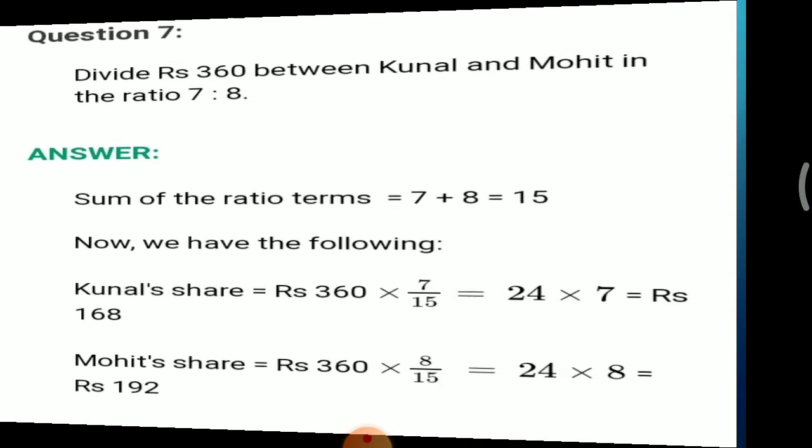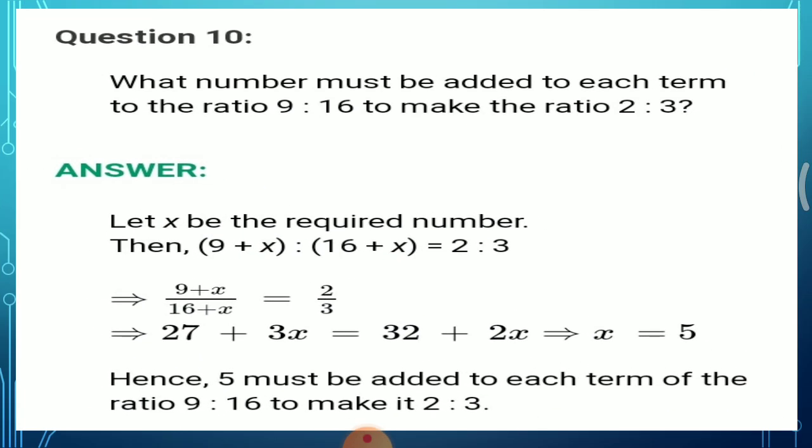Next question is that what number must be added to each term of the ratio 9 ratio 16 to make the ratio 2 ratio 3. At first you let x be the required number. After that you add 9 plus x ratio 16 plus x is equal to 2 ratio 3.